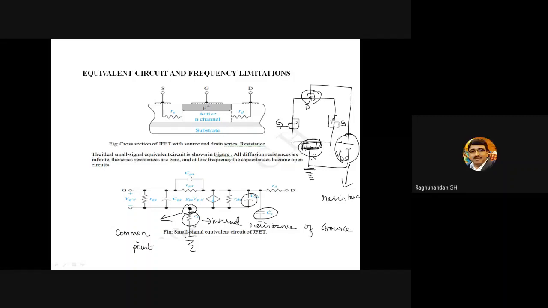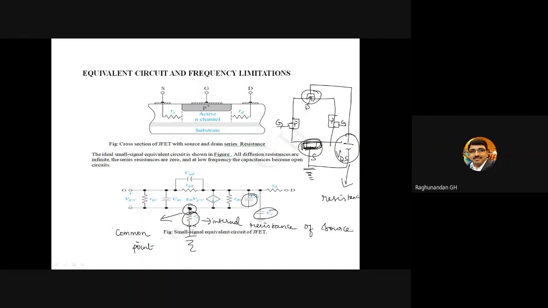Suppose I want to connect a load, a device, to this transistor. To which terminal should I connect it? Drain and source. Drain, right? So I need to connect to the drain.